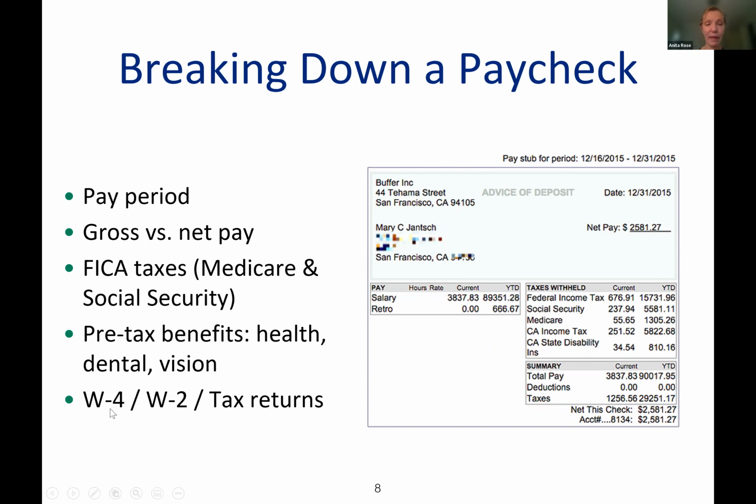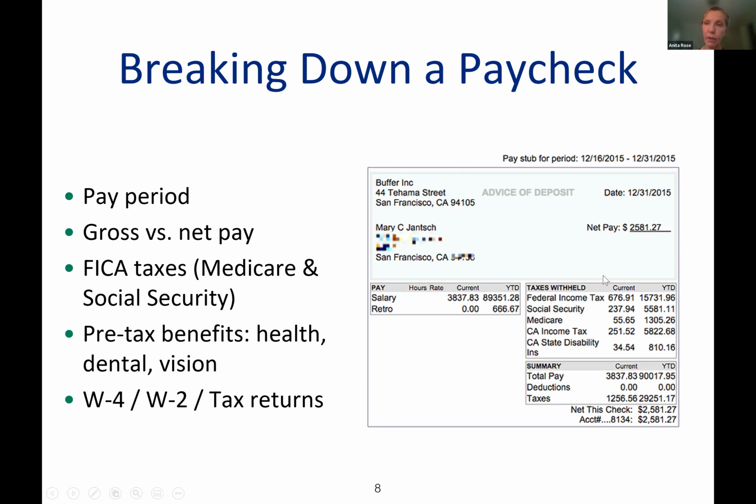All right, and then we have certain tax forms. We have a W-4. The W-4 is the form that we complete when we're hired to let the employer know how many deductions we want for federal tax purposes, so they know how much tax to take out of each paycheck.